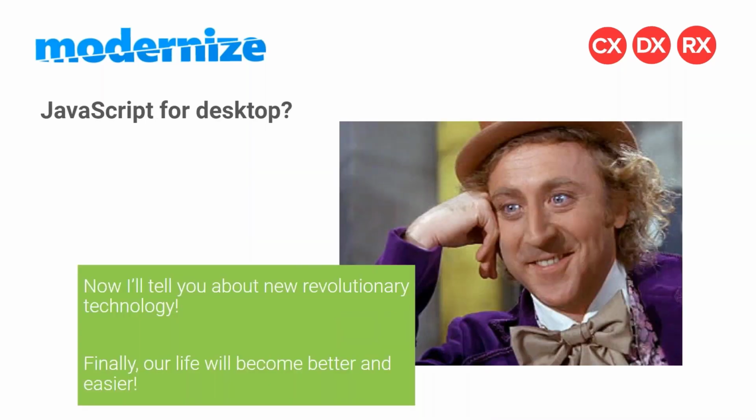As I said, each year you can hear from Microsoft and from other solution and development tool providers that now we have a new, stable, great development tool of the future, and let's start to use it.